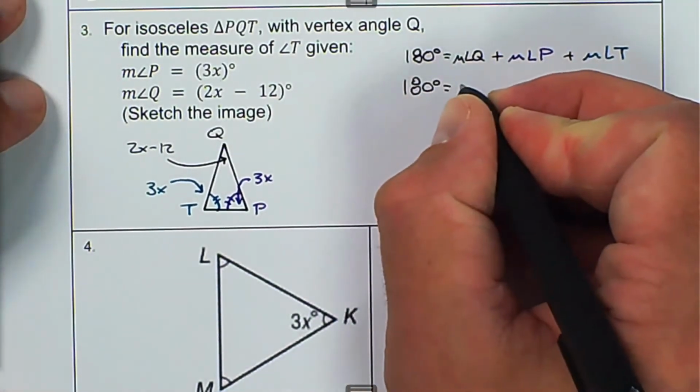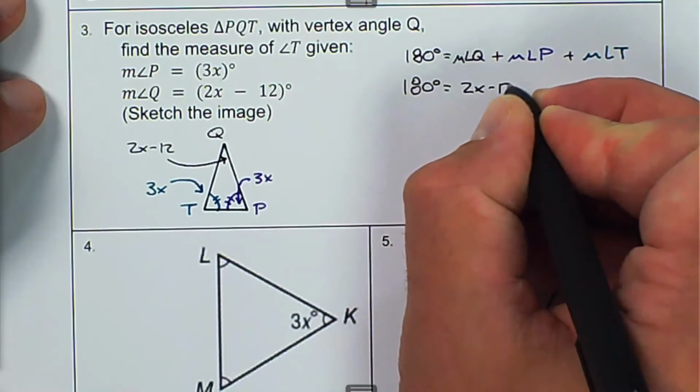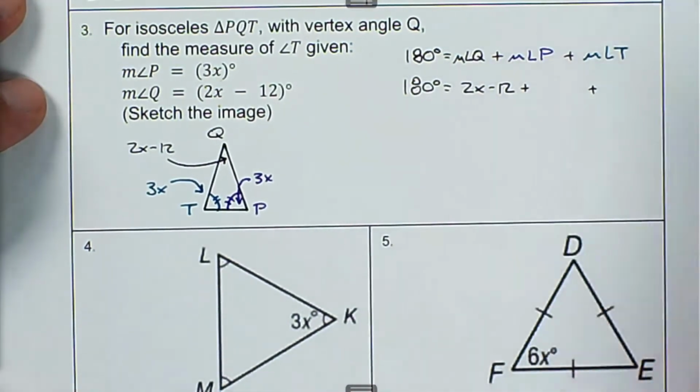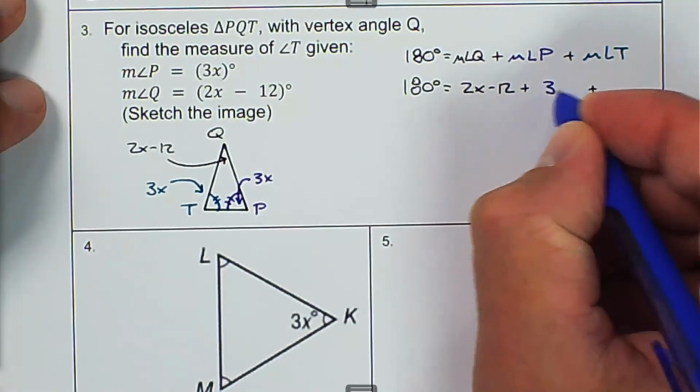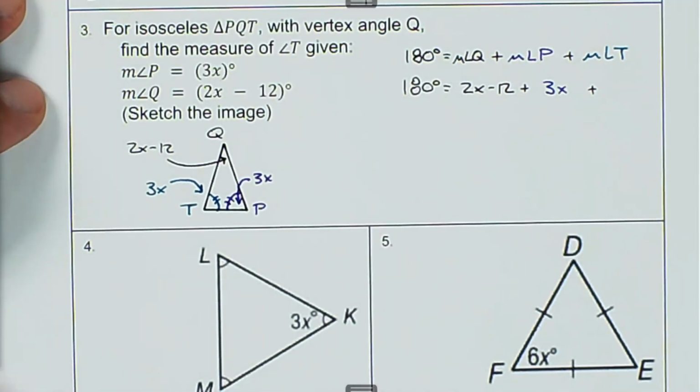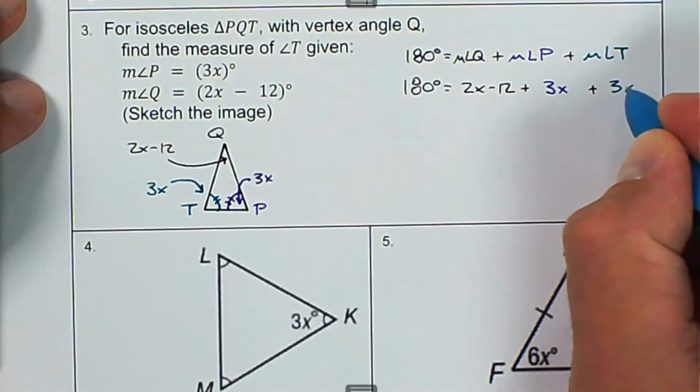So 180 degrees is equal to 2x minus 12 plus measure of angle P, which is 3x, and measure of angle T, which is also 3x.